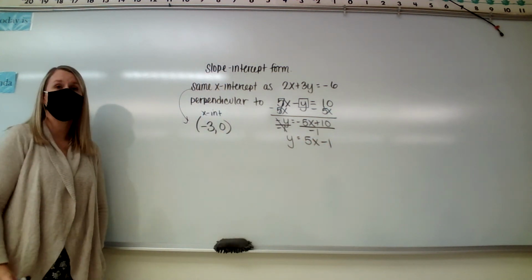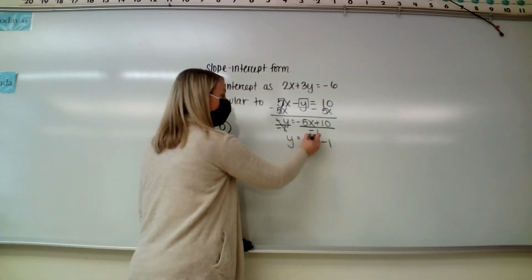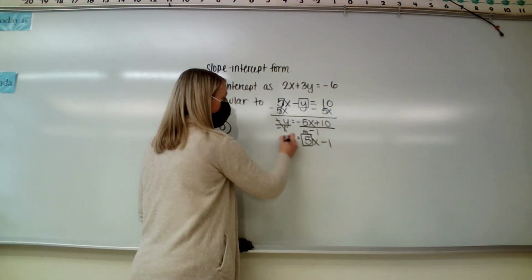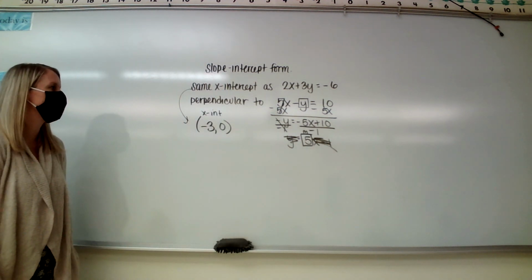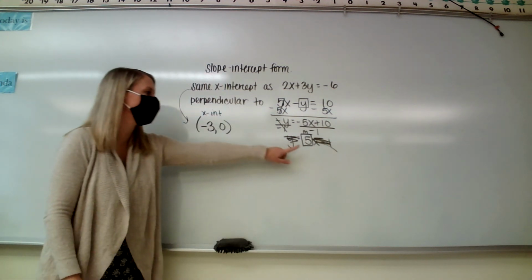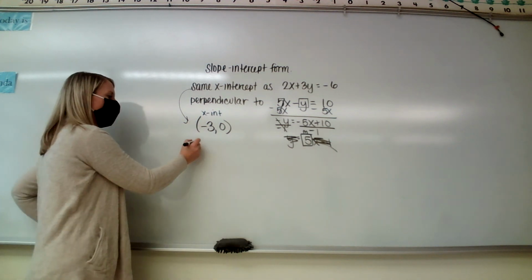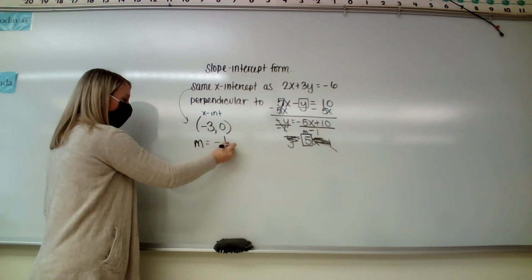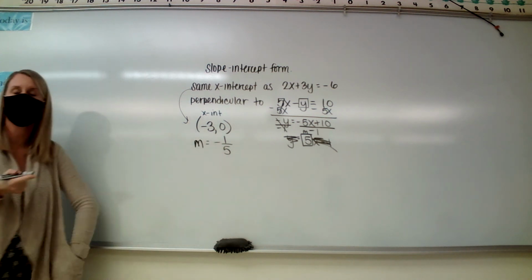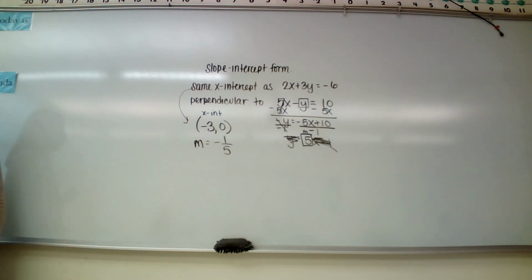The only thing I care about is the slope, so once I find m, I just cross the other stuff off. If my slope is perpendicular to this, what is my slope? -1/5. You need to know that perpendicular is opposite reciprocal: change the sign, flip the fraction.